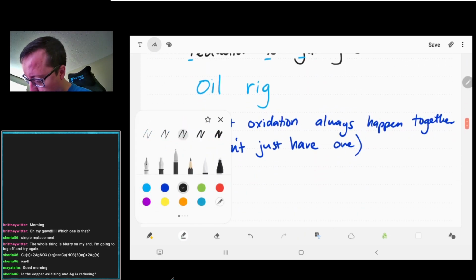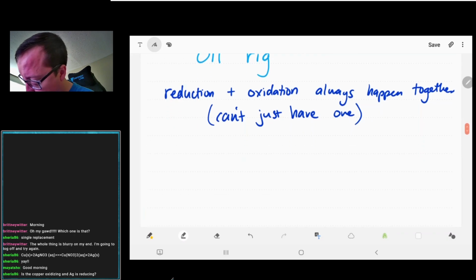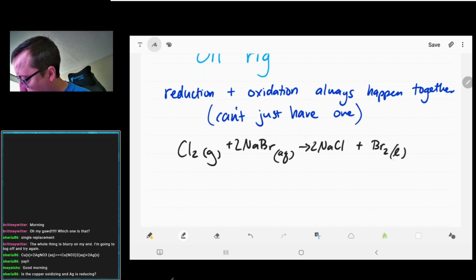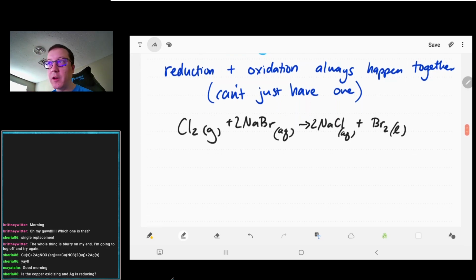Let's bring back one of our equations from yesterday. I want us to look at the net ionic equation.